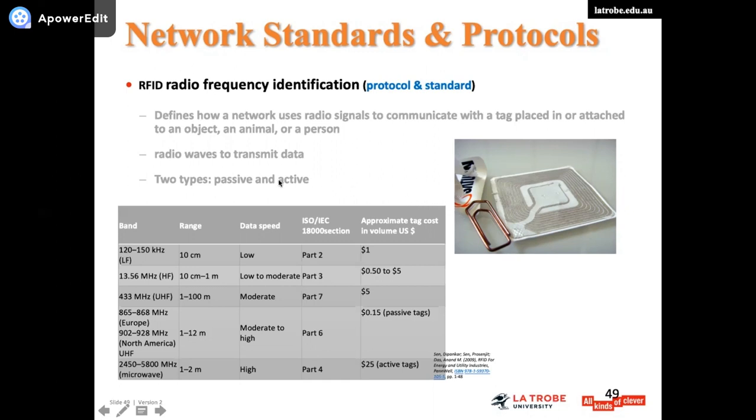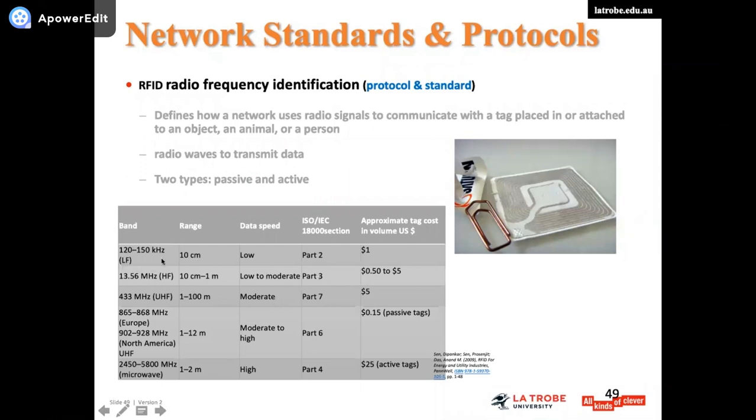So this table gives you some idea about different types of RFID. You'll notice RFID can work in different frequency bands. The lowest is around 100 kHz, which is super low. This kind of RFID is not that popular because if the frequency is too low, the area will become much larger. That's due to physical reasons.